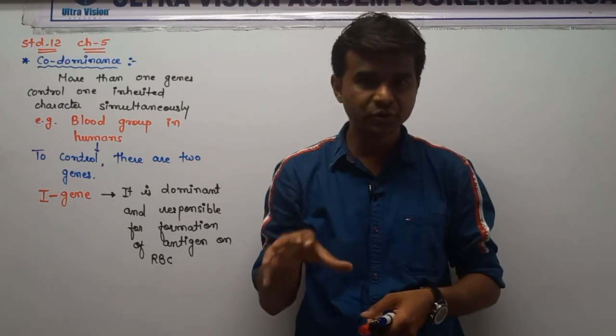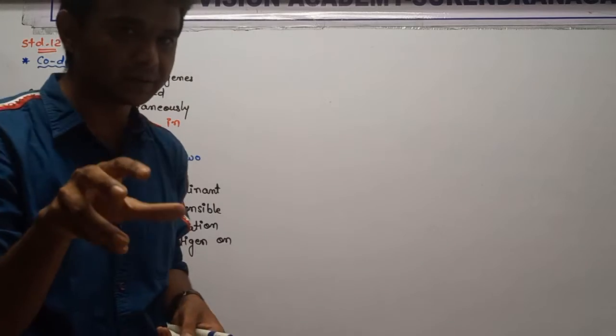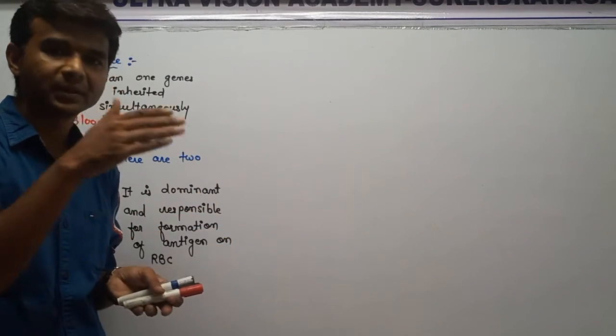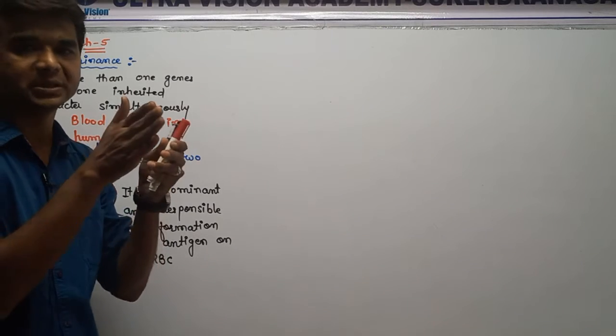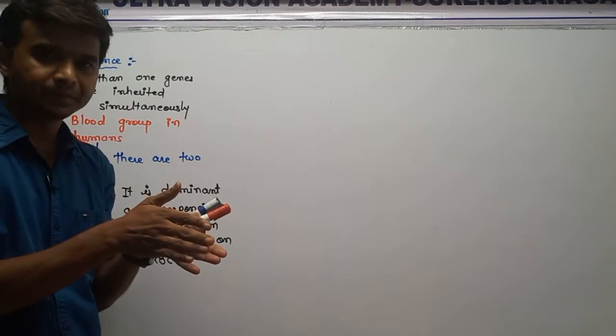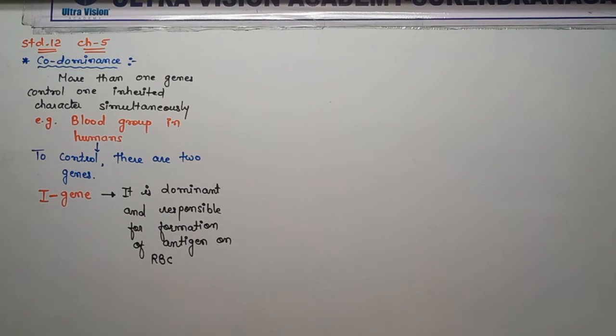If the person has A antigen, blood group is A; B antigen, blood group is B; both antigens, blood group is AB; and no antigen, blood group is O. So the capital I gene is responsible for formation of the antigen on the RBC, and the capital I gene is dominant there.